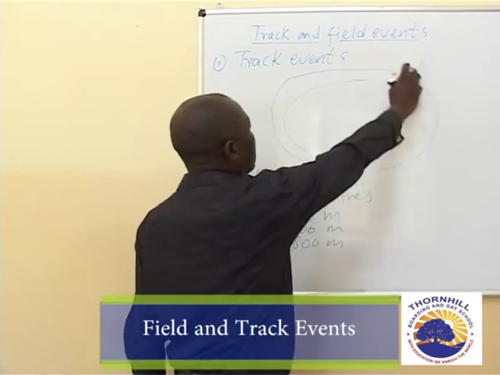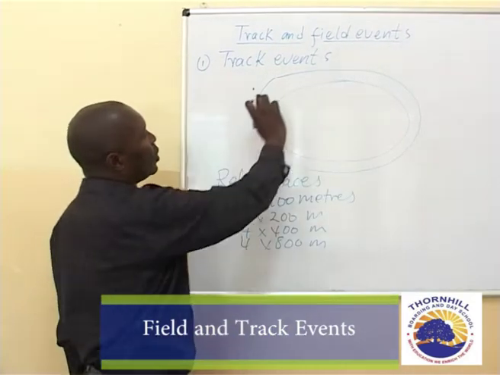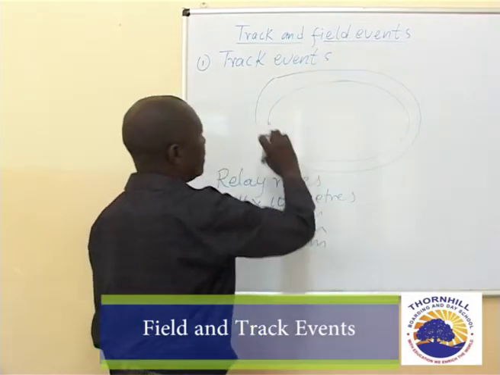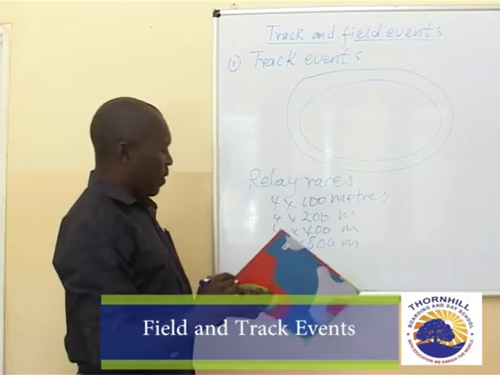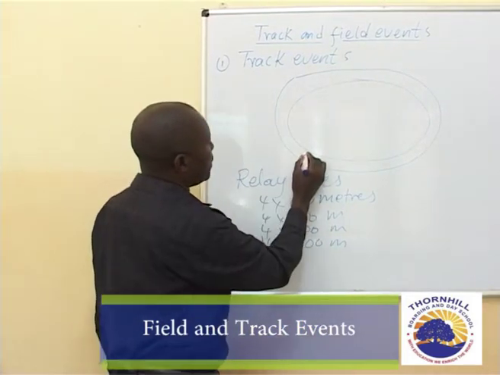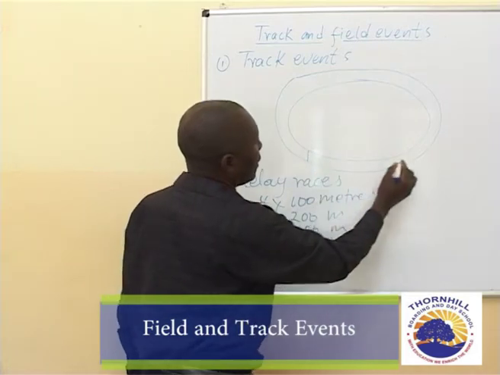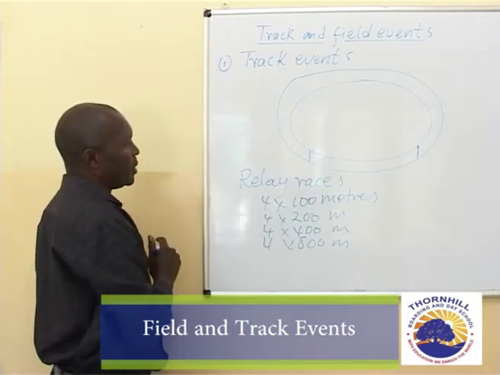This running track is about 400 meters going around the ground. So the 4 by 100 meters race starts from somewhere there and ends there. That is the 400 meters.